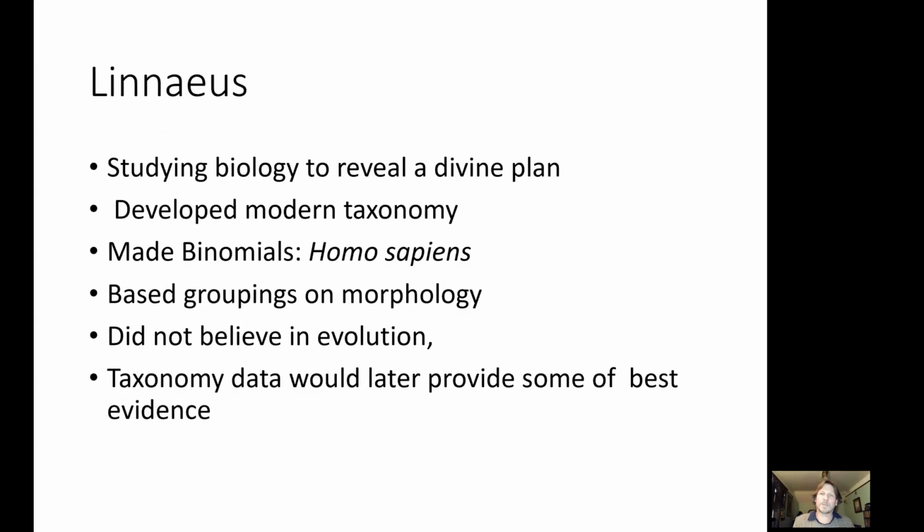Okay, Linnaeus we've talked about in our first lab, right? And so he developed modern taxonomy, basing on the groups of morphology. Remember, this is before genetics, right? And it's interesting to point out we can list all these people's ideas on evolution because evolution was being talked about, right? Darwin did not come with it first.